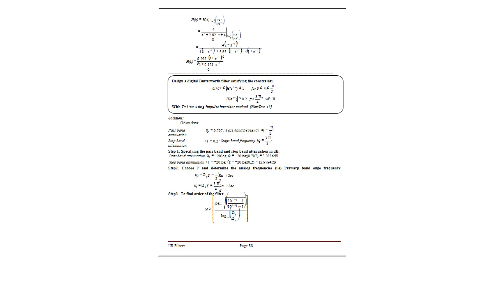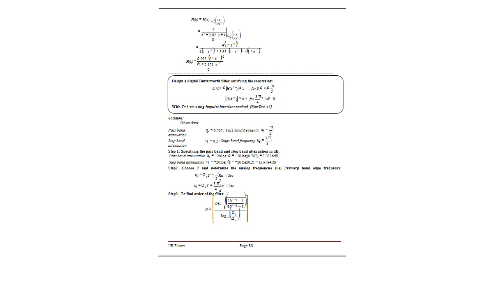First we have to write the given data, that is passband attenuation, passband frequency, stopband attenuation and stopband frequency. Step 1: specify the passband and stopband attenuation in decibels, using the formula αp = -20 log Ωp, αs = -20 log Ωs.